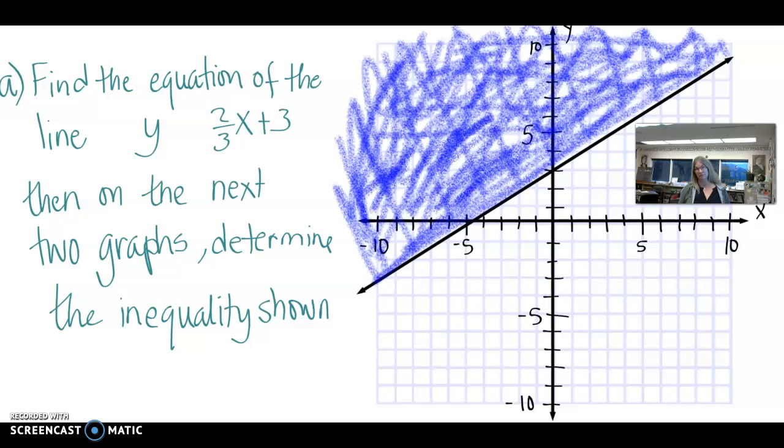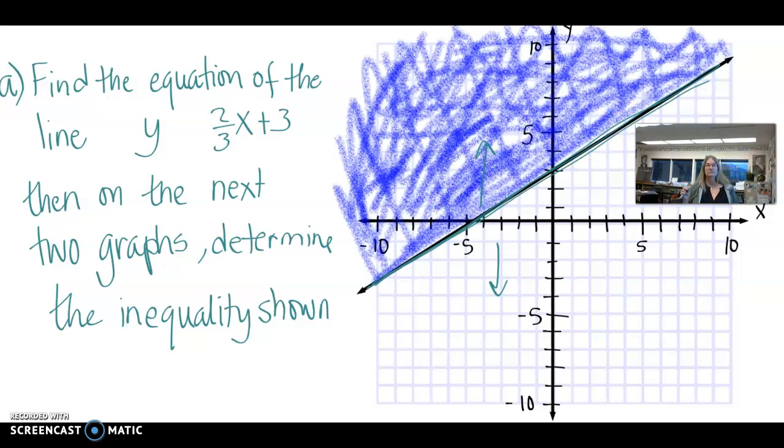So there's a couple different ways that you can determine this. The shaded part is above the line, so the values of y are greater than that line. y values decrease this way, they increase this way, so it's going to end up being y is greater than or equal to 2/3 x plus 3.